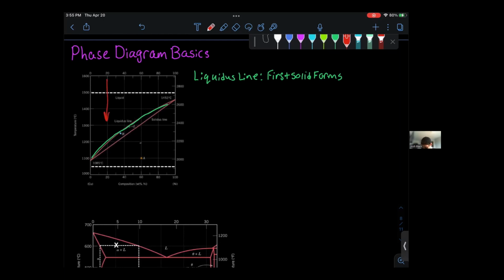If I'm coming from this direction, the liquidus line, when I hit it, the first solid forms there. If I am coming from this way, when I hit the liquidus line, that is when the last solid leaves the system.